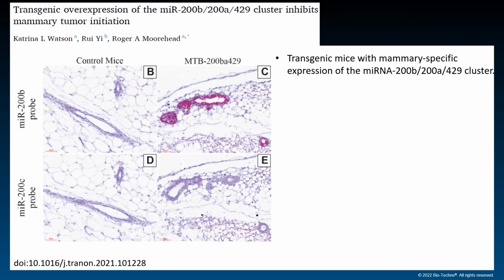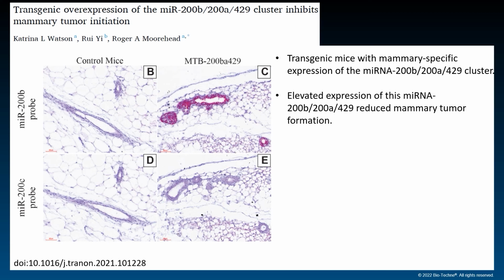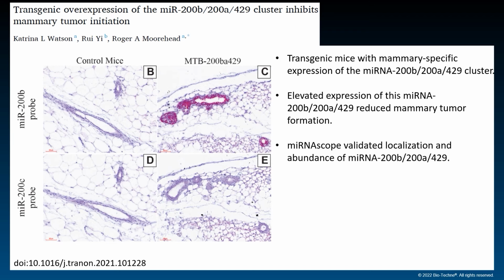In this 2021 article from Translational Oncology, the authors used transgenic mice with mammary-specific expression of the miRNA 200B, 200A, 429 cluster. They found that elevated expression of this cluster significantly reduced mammary tumor formation. They used miRNAscope to validate the abundance of the microRNA cluster and its specific localization to mammary gland tissue.